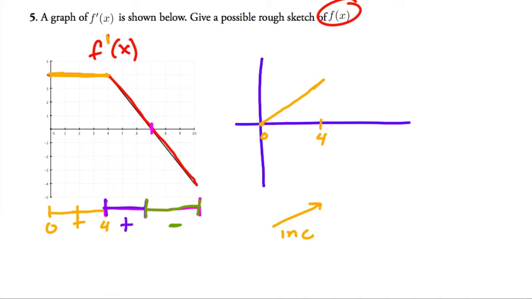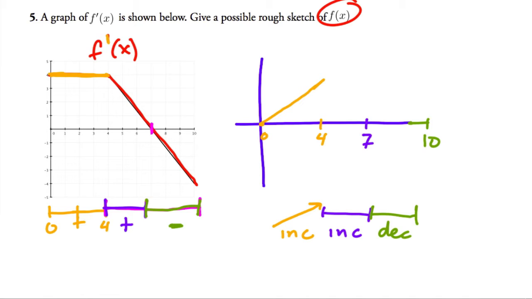So from 4 to 7, right here is 7, since it's positive, then it's going to be increasing. And then over here, since it's negative from 7 to 10, that means that it's going to be decreasing.